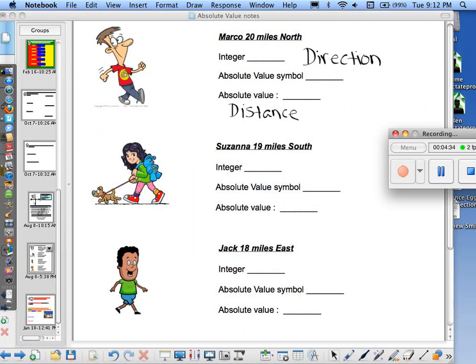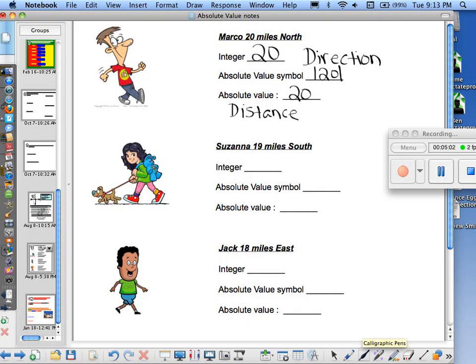So on this page, we see Marco's going to go 20 miles north. So the integer for that would be 20 miles, and it's going to be positive. Positive 20. Okay, if we want to find the distance, we're still going to take that absolute value because this was only telling us the direction above, and the absolute value of 20 is 20.